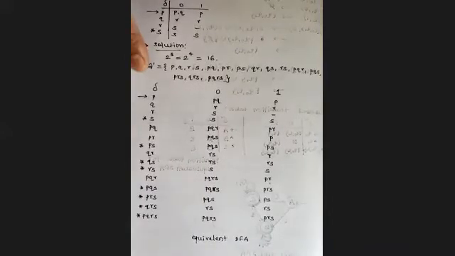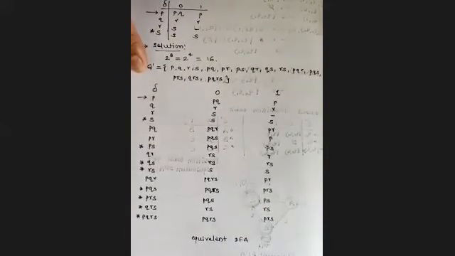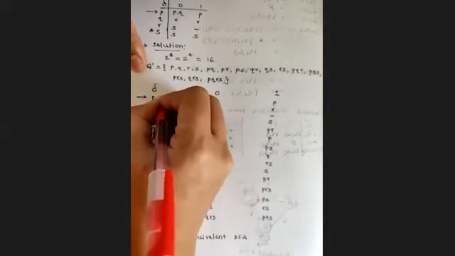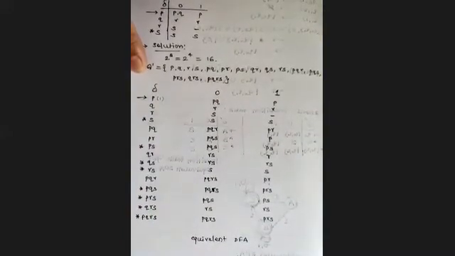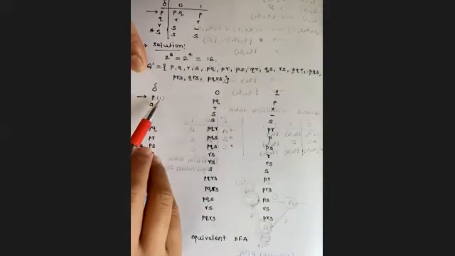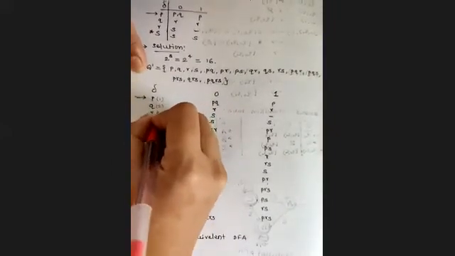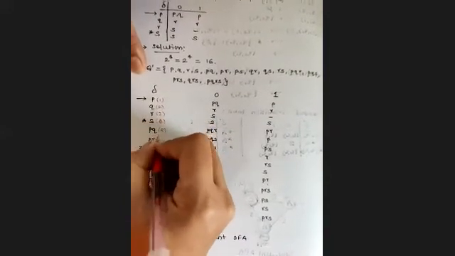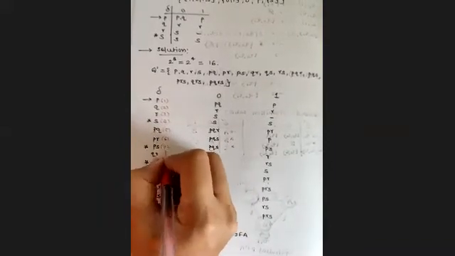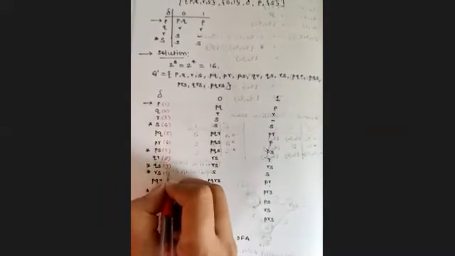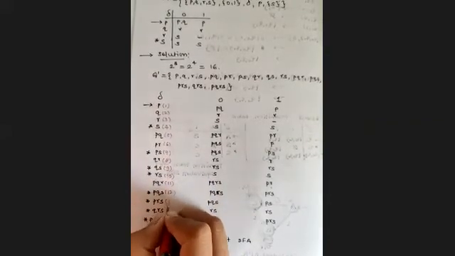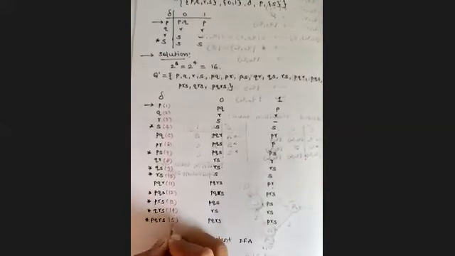So what we are going to do is replace these states with normal numbers so that it will be easier for us to find out the equivalent states and also to write the equivalent DFA table. ओके, तो हम क्या करेंगे, replace करेंगे. Suppose P state को मैंने replace किया 1 से, तो P will be known as 1 afterwards. ओके, then Q is replaced with 2, R is replaced with 3, 4, 5, 6, 7, 8, 9, 10, 11, 12, 13, 14, and 15.